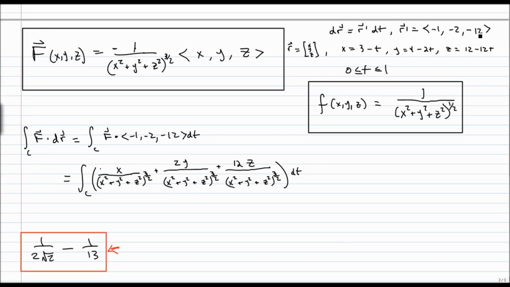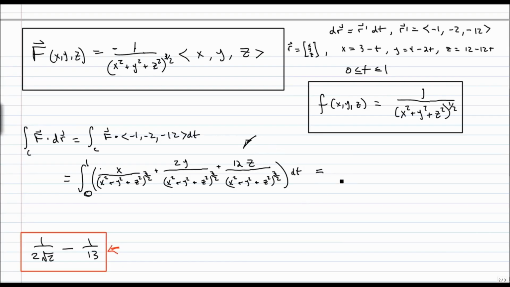And for the z term, I have 12 times z over this. So now I'm going to be integrating this with respect to t as t goes from 0 to 1, which means I'm going to have to make all my substitutions for x, y, and z in terms of t here.